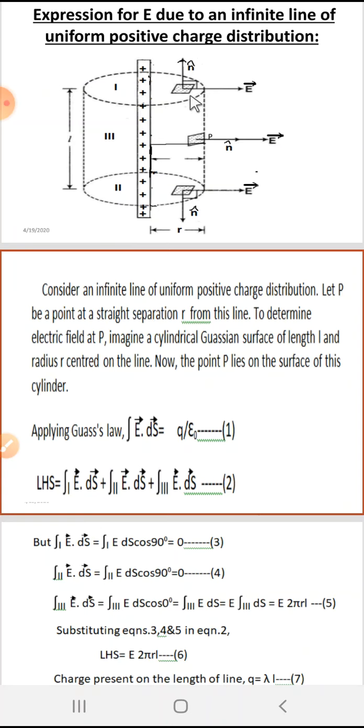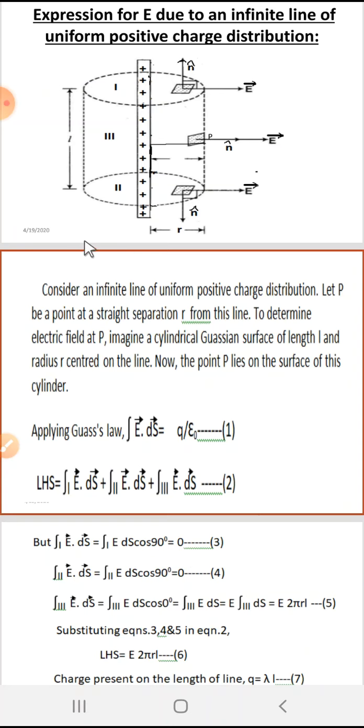Over the first surface, vector E is parallel to the surface, and vector ds acts along the unit vector n cap. The angle between vector E and n cap is 90 degrees, so the integral becomes E ds cos 90. Cos 90 is 0, so the value becomes 0.